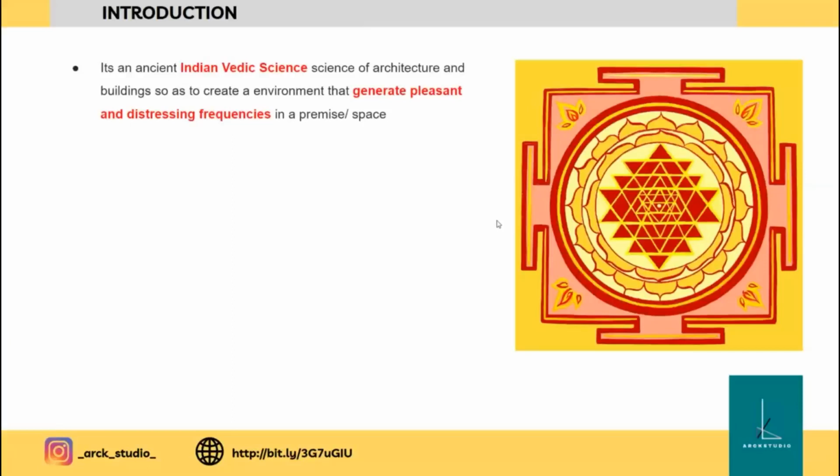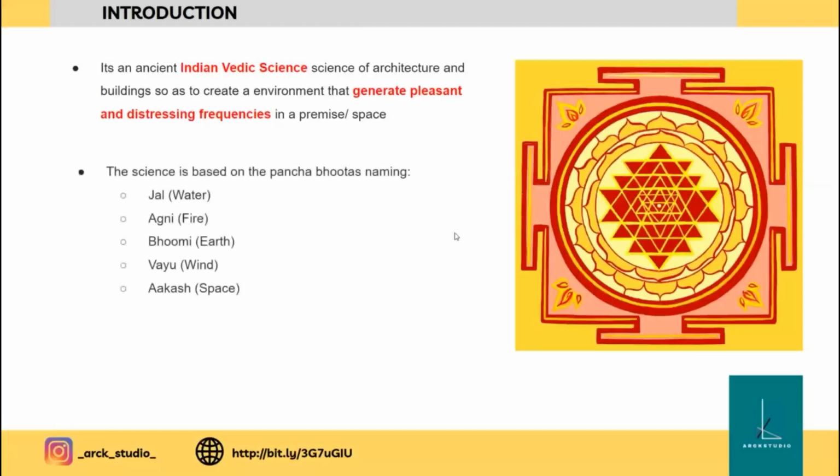Vastu Shastra is an ancient Indian Vedic science of architecture which is used to create a pleasant environment and a stress-free frequency in a premise or an area. This could be done in any place where you have four walls, with a roof or without a roof as well.